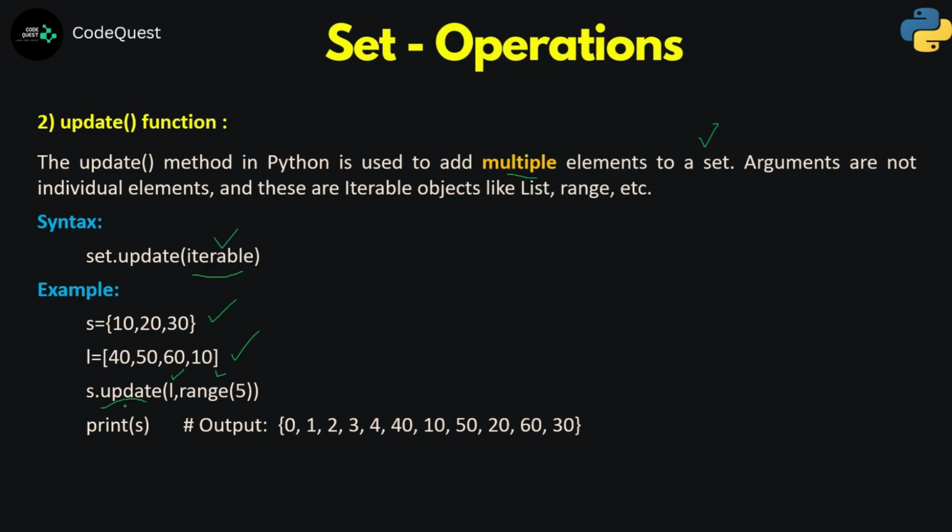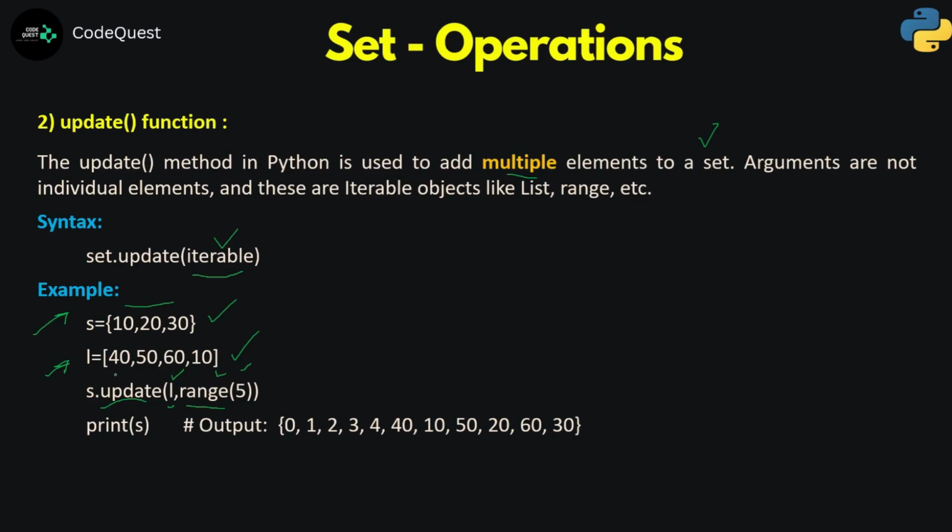You can see the first argument is L, which is the list where I have these 4 elements. After this comma, I could write a range function, and we know this range function is going to produce 0 to 4. The existing elements of this set are 10, 20, 30.